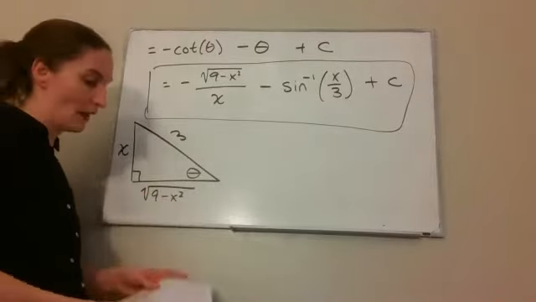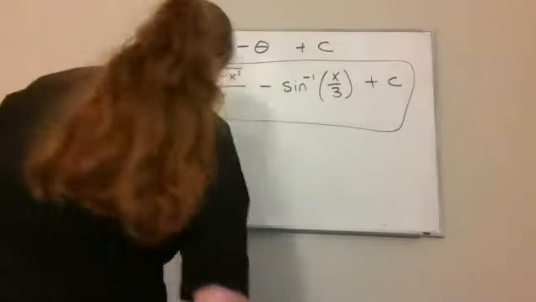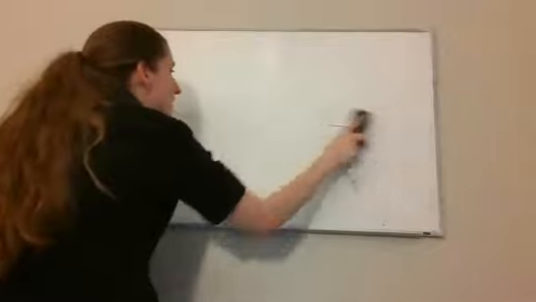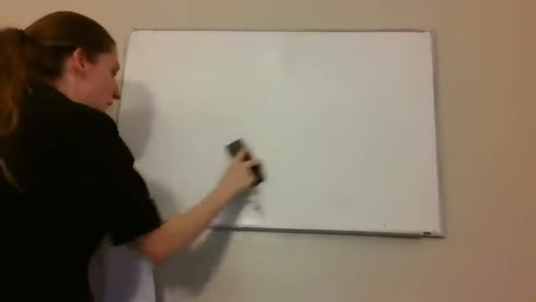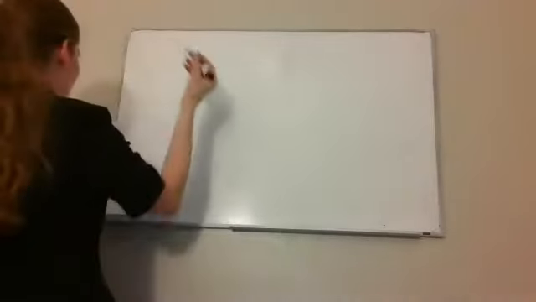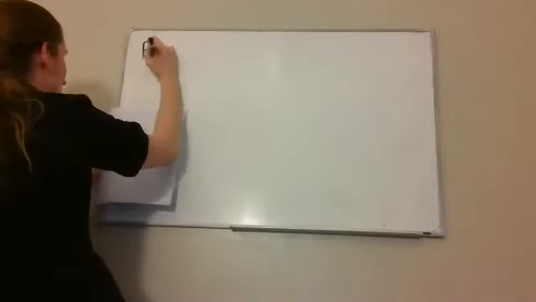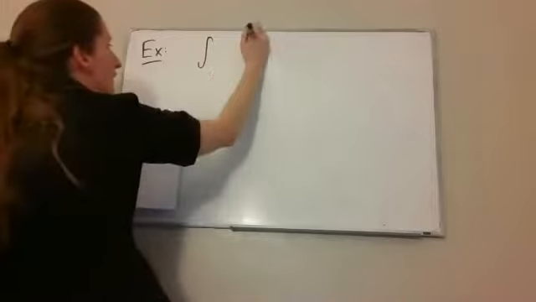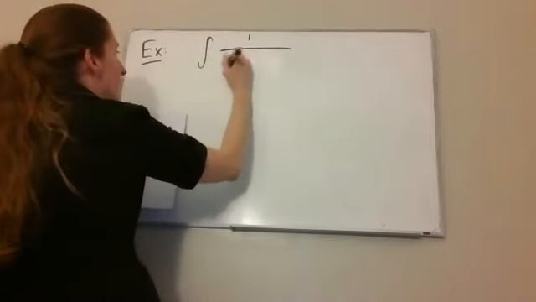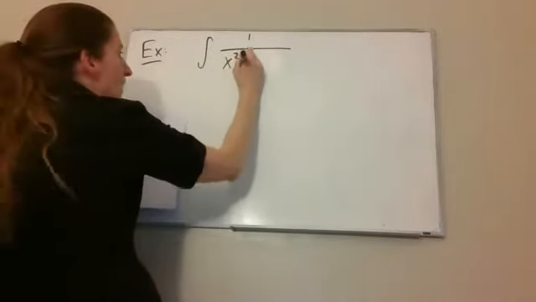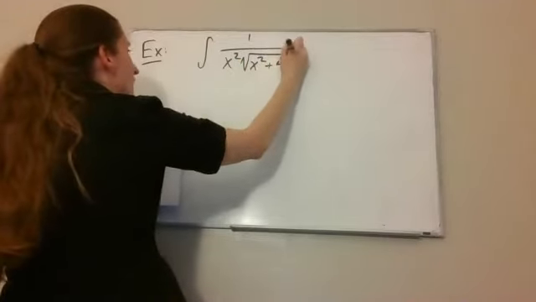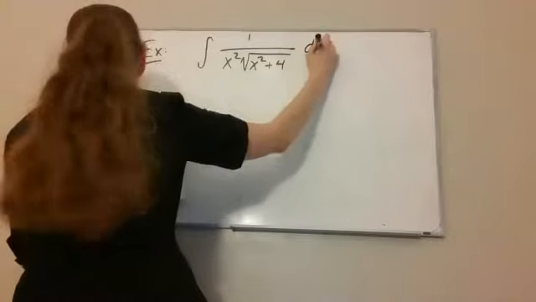These just take a lot of practice to get the hang of. So, another example. Let's find the integral of 1 over x squared times the square root of x squared plus 4 with respect to x.